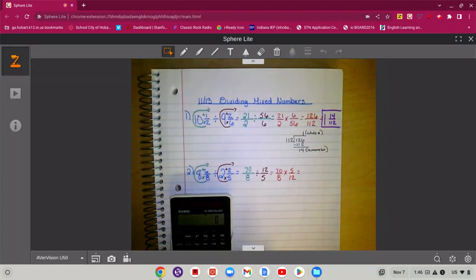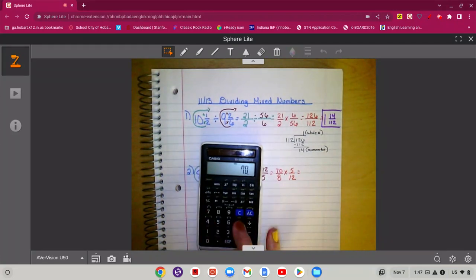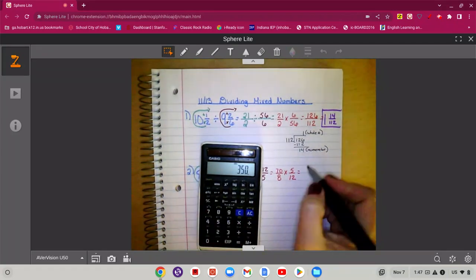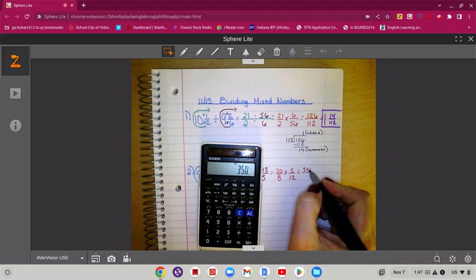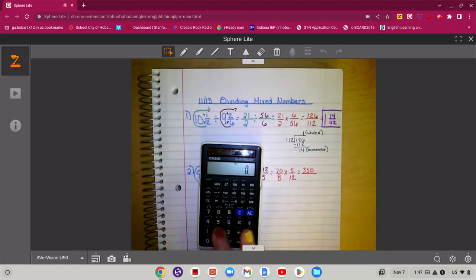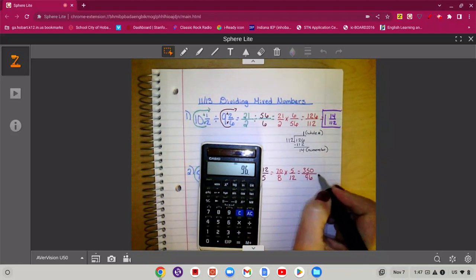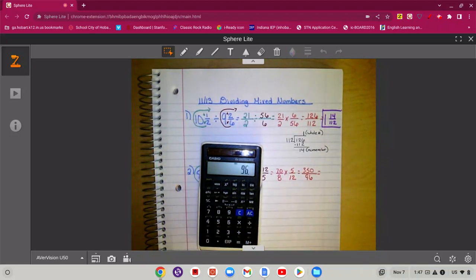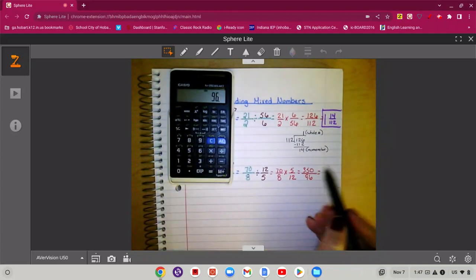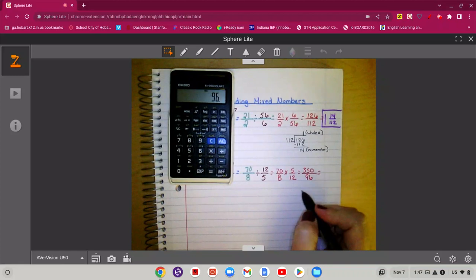Again, calculator will be super helpful. So 70 times 5 would give us 350. 12 times 8 would give us 96. So we have an improper fraction. So I need to do a division problem. 350 divided by 96.